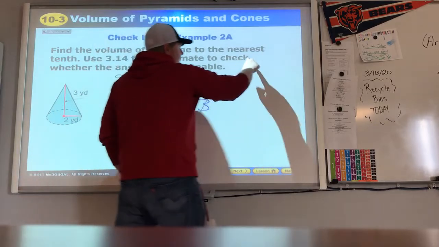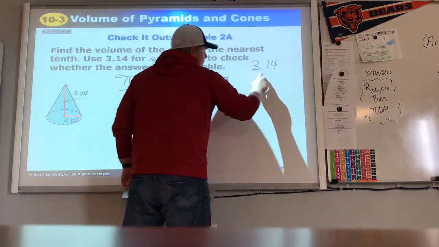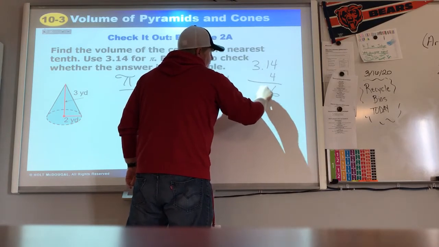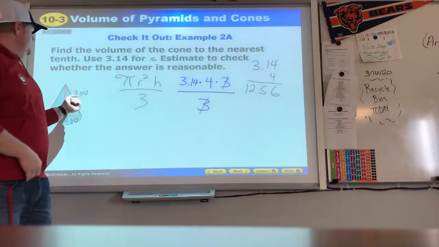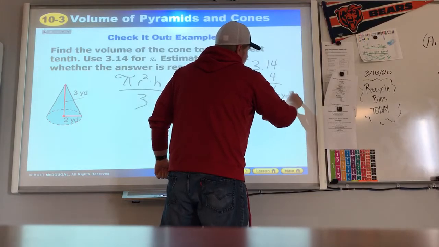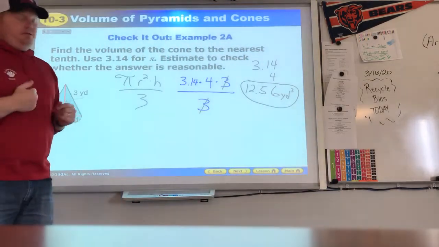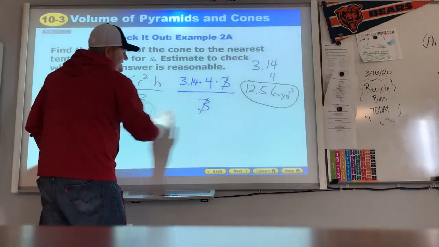Then I know 3.14 times the 4, and I get 12.56 yards cubed. And I should have the right answer. They'll probably round it to 12.6.